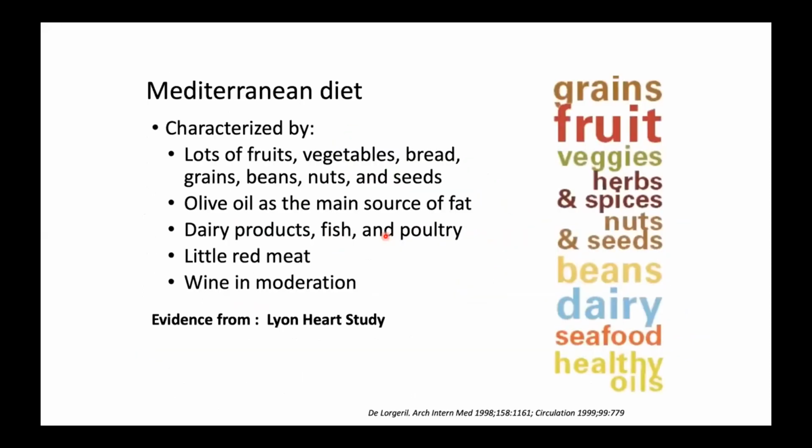Another diet which was very well studied is the Mediterranean diet. It is characterized by lots of fruits and vegetables, bread, grains, beans, nuts and seeds, meaning high fiber intake and low glycemic index food. Olive oil is the main source of fat. Dairy products, fish and poultry are encouraged, with little red meat and wine in moderation.